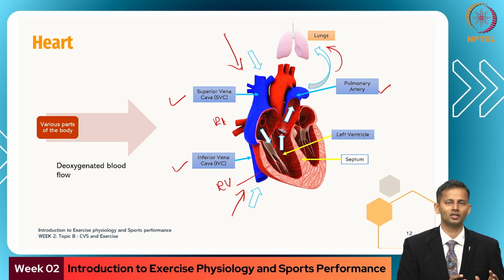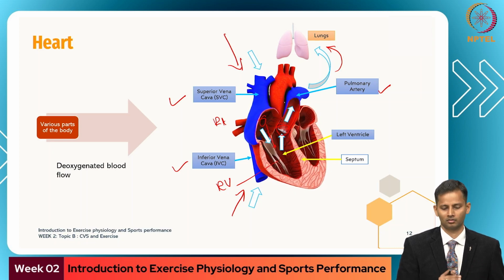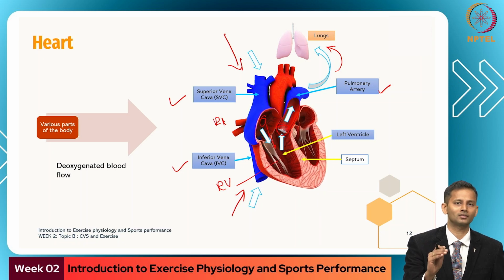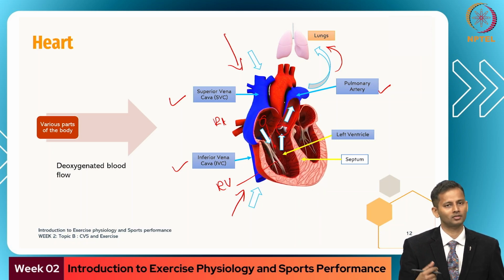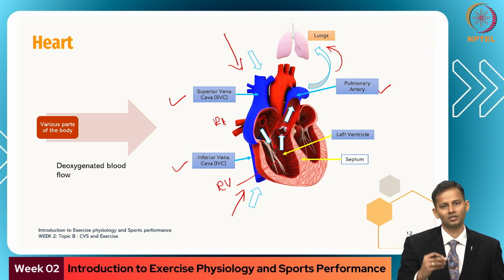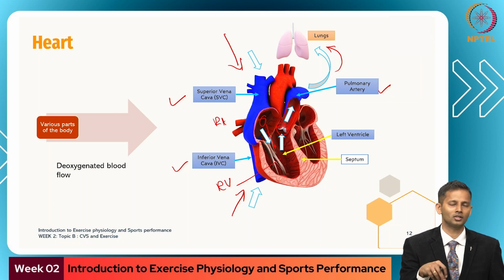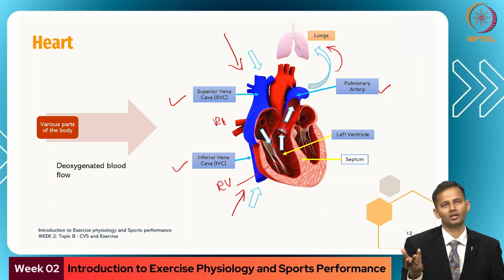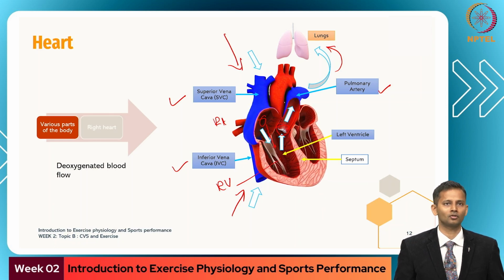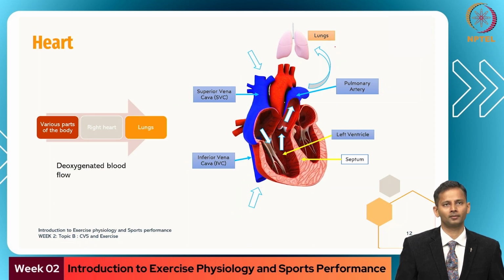So the deoxygenated blood, which is high in carbon dioxide and low in oxygen, is pushed through the pulmonary artery into the lungs. Lungs is the place where respiration happens, wherein you inhale oxygen, and this oxygen gets pushed into the deoxygenated blood, and carbon dioxide is released out. So this is how the movement happens with respect to the deoxygenated blood.